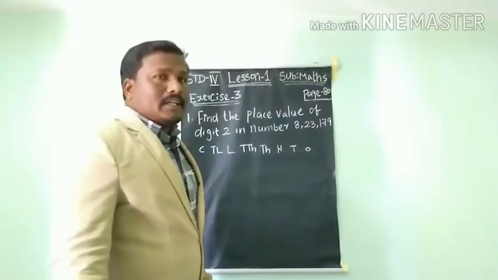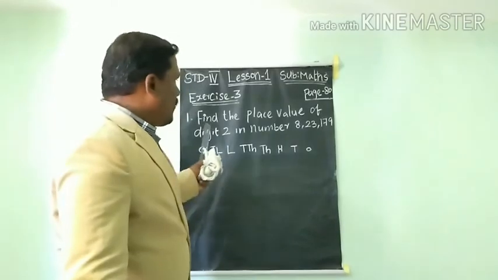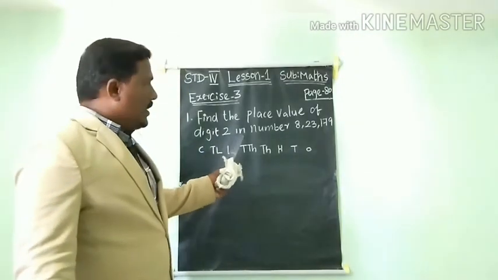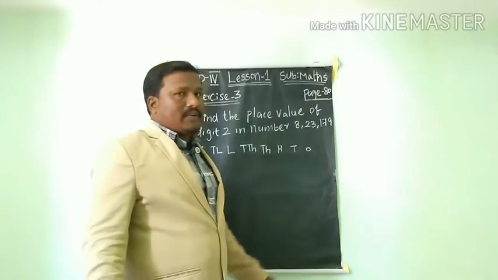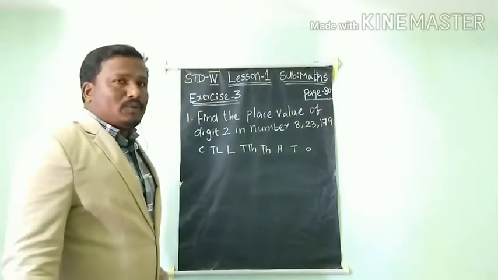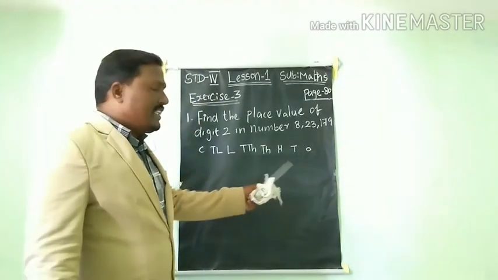Okay. Let us see another example. Find the place value of digit 2 in the number 823179. First, what do we have to do? We have to place the number in this table.